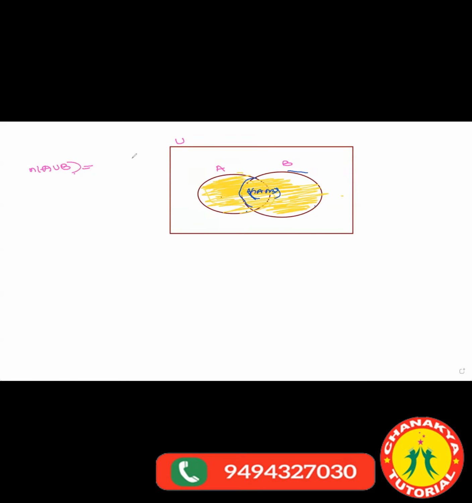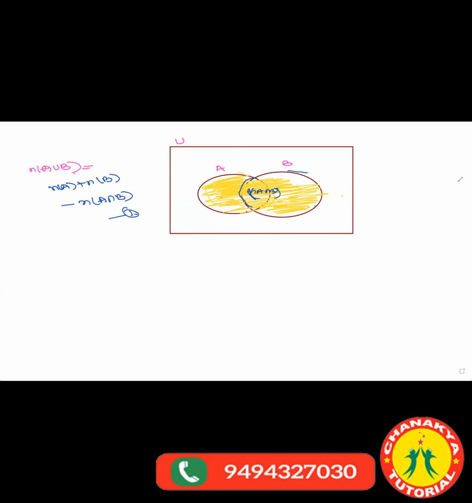So here you subtract it: number of elements of A plus number of elements in B minus number of elements in A intersection B. This formula, have you understood? Is there any doubt, beta, in this formula? No.